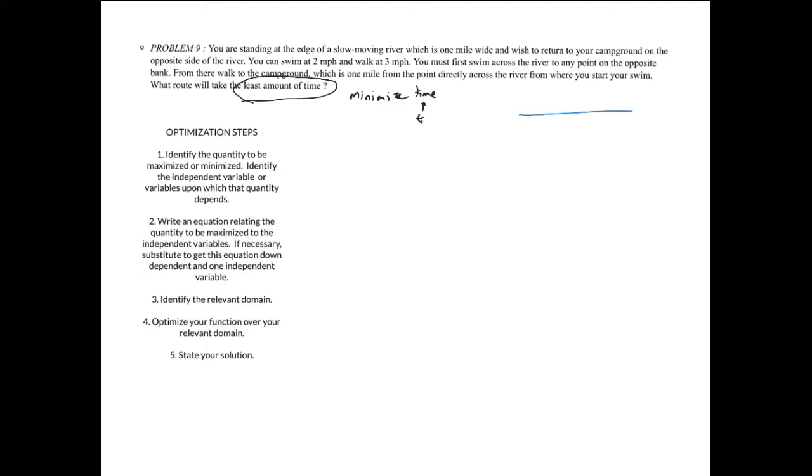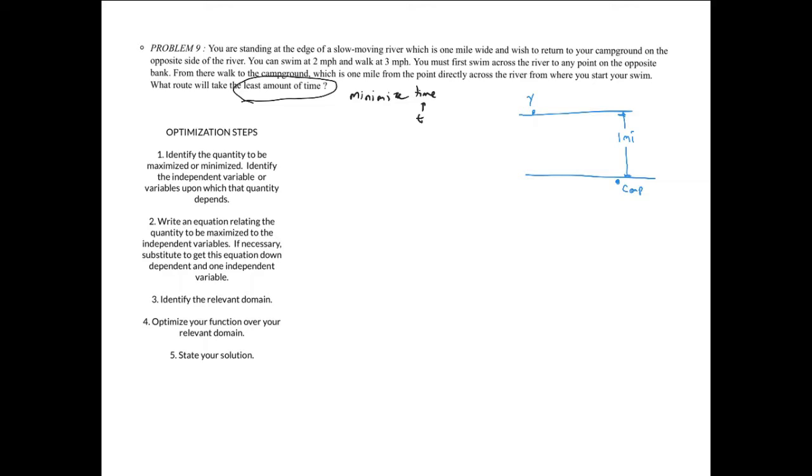So I've got this river, and I'm standing on the edge of it, and the river is 1 mile wide. Like that. And you're standing, say, over here, and you're trying to get to your campground. This is you. And let's say your campground is here.